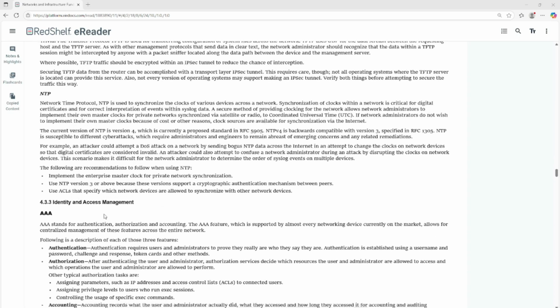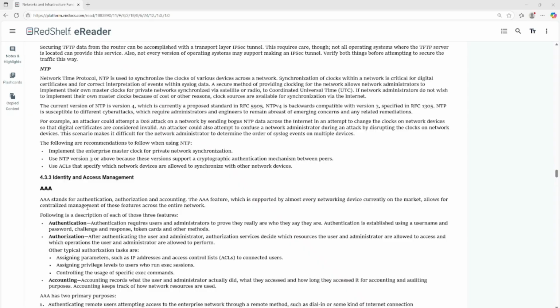Identity and access management, I think we already touched on that a little bit, but anyway, we're going to dive into it again. AAA stands for Authentication, Authorization, and Accounting. When we talk about authentication, it requires a user or administrator to prove they're really who they say they are. For instance, when you're logging into a system, they're going to ask you for your username and your password.